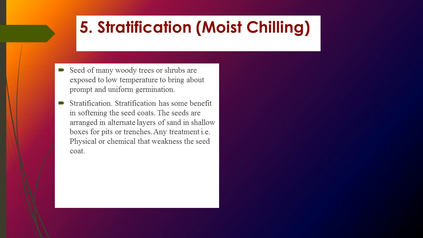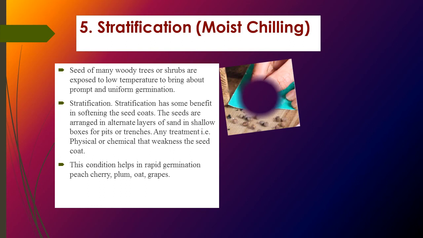The seeds are arranged in alternate layers of sand in shallow boxes, pits, or benches, and any treatment that is physical or chemical weakens the seed. This condition helps in rapid germination in peach, cherry, plum, oats, and grapes.